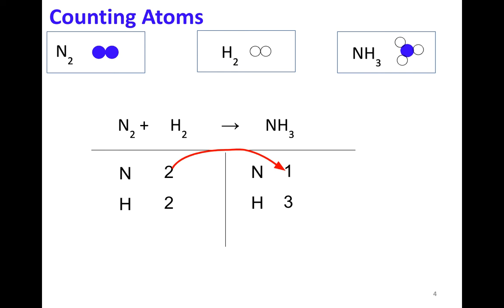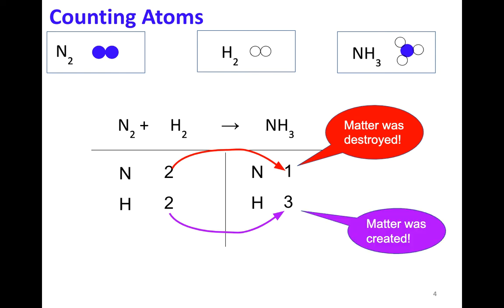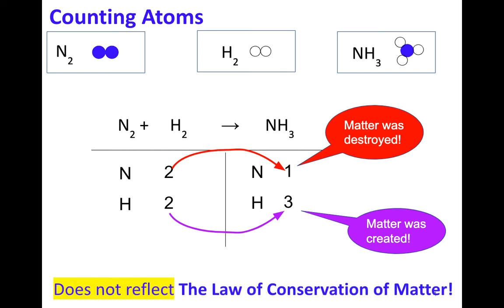Somehow we went from having 2 atoms of nitrogen to only 1. Somehow matter was destroyed. Now let's look at the hydrogens. Hydrogens went from 2 atoms to 3 atoms, so somehow matter was created. And that can't happen. Okay, so this equation does not reflect the law of conservation of matter.